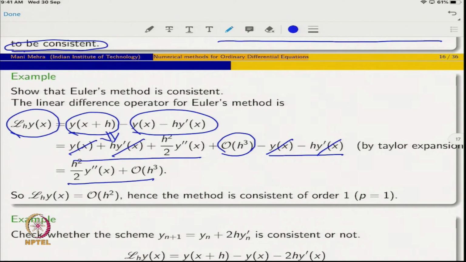Template means which points you want to keep in the method: x, x plus h, x plus 2h. With a Taylor series that is not a very easy task, because you have to approximate y double dash x, y triple dash x.